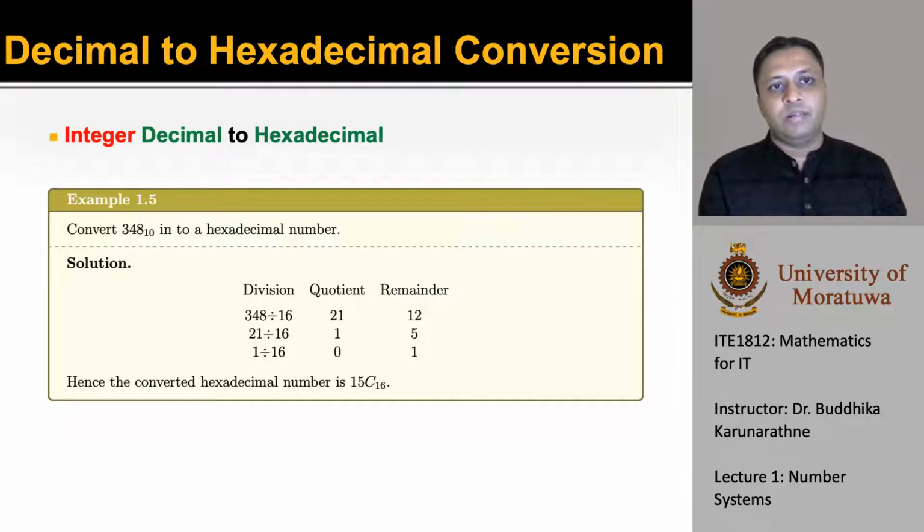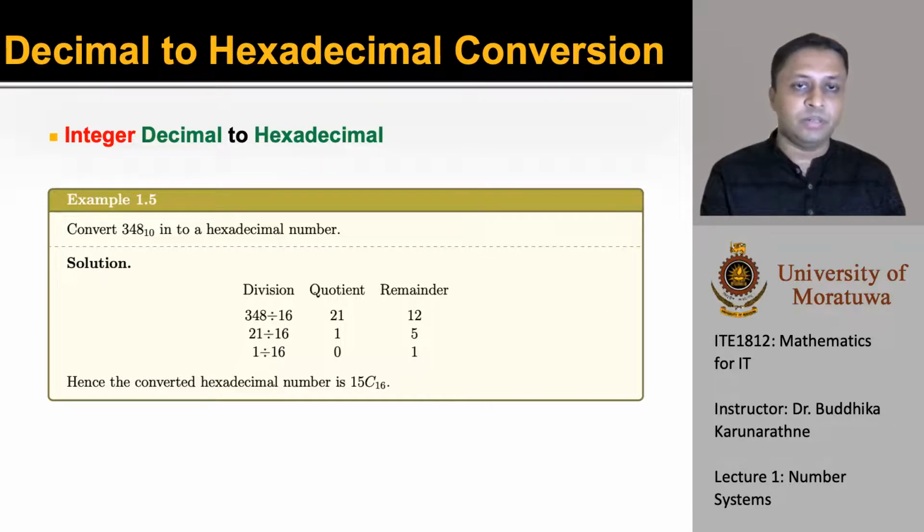And now another number system, which is hexadecimal, and some examples of converting decimal to hexadecimal. In this case, integer decimal to hexadecimal. The example is converting 348 into a hexadecimal number. You adopt a similar procedure. You keep dividing the number by 16. Why 16?